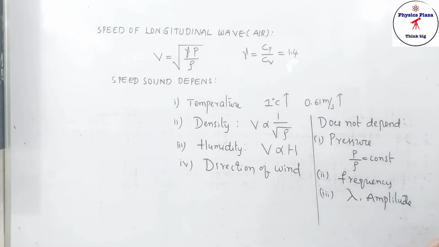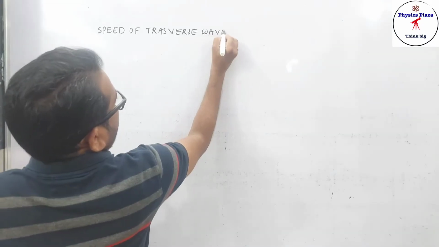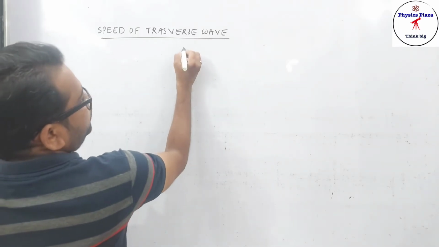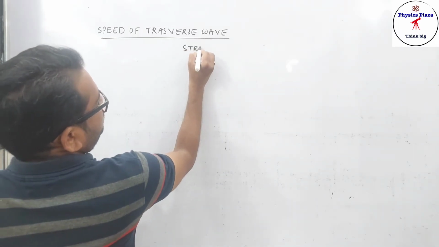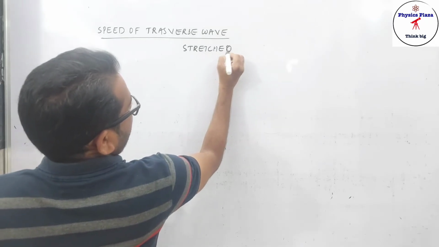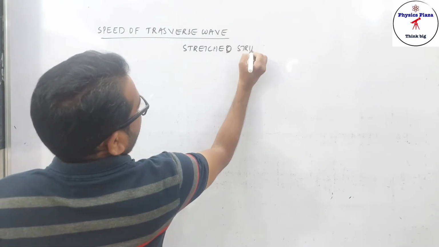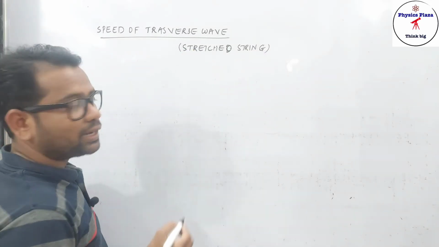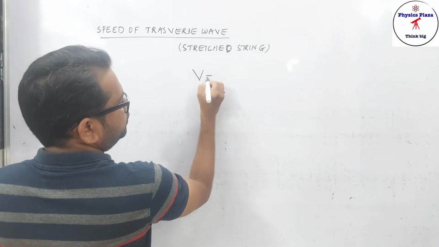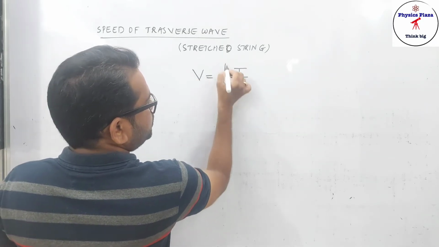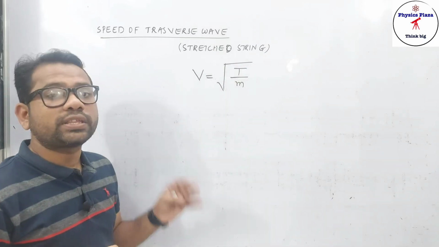So just copy it. First, wave. Children, the best example is the waves produced in a stretched string. Stretched string is the best example for this. So how can we calculate here? That is V is equal to square root of T by M. Here, what is T, what is M?